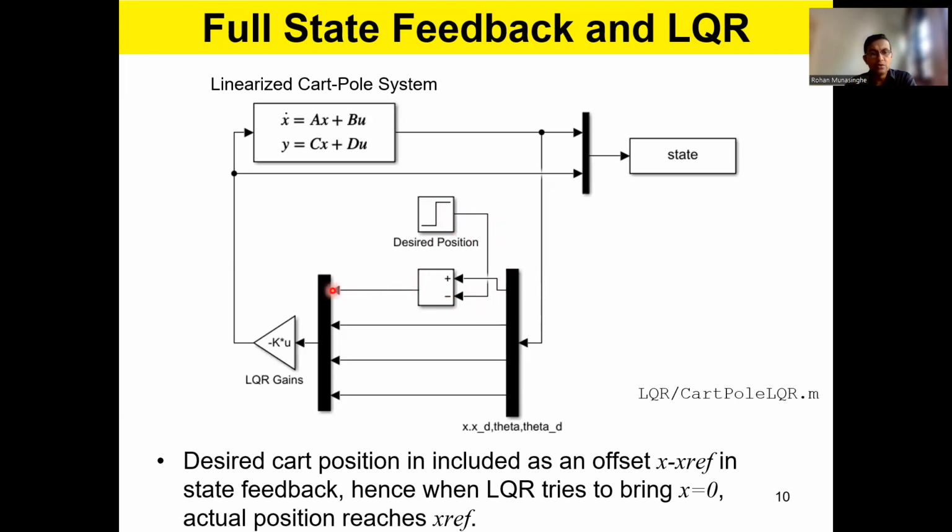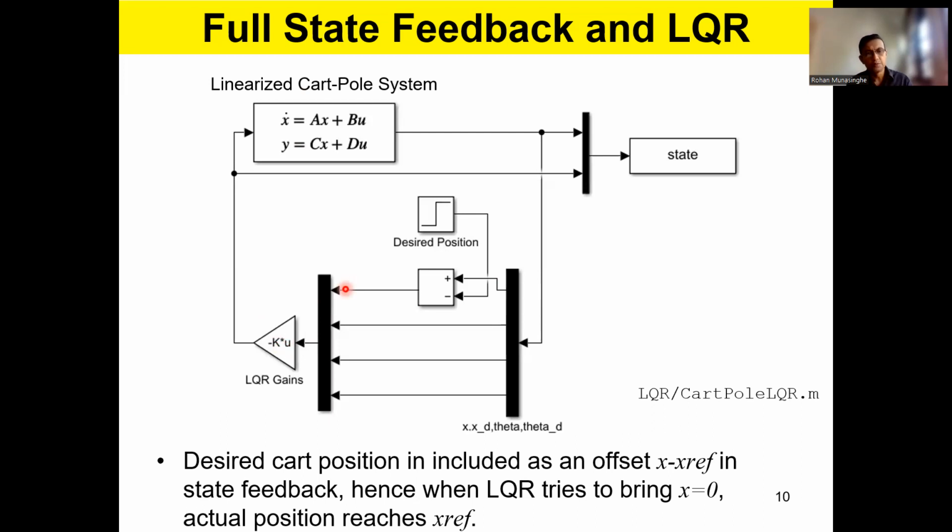And the result goes to the controller. The controller doesn't know that you have added or deducted a certain amount from the state variable. The purpose of the controller is to make sure that what comes from here is 0. The controller will try to bring that variable to 0.